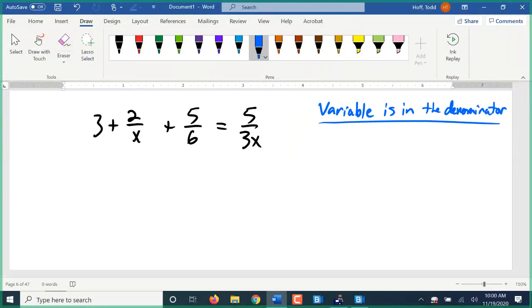We cannot solve equations that have the variable on the bottom of the equation, on the bottom of a fraction. So we have to change it so that's not the case.